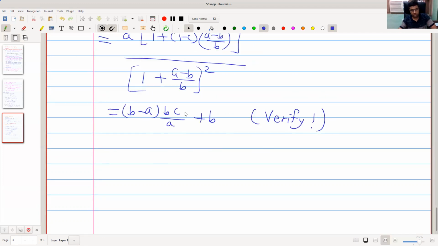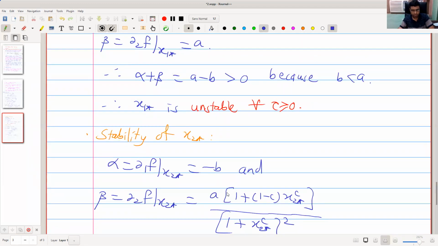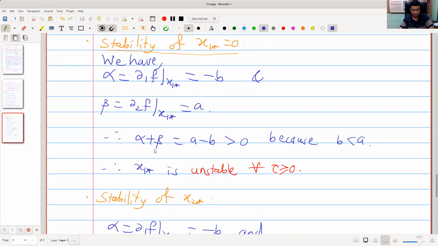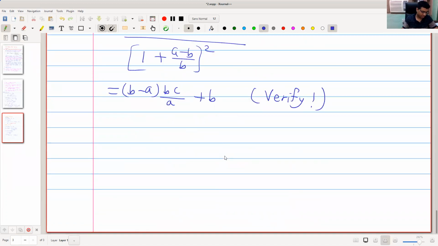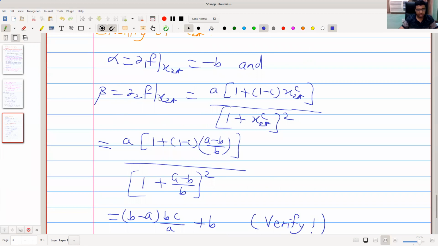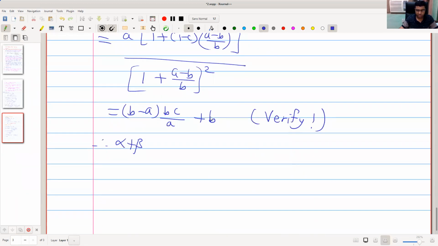Now we know that our stability depends on the sign of alpha plus beta. So we find alpha plus beta. Alpha is simply minus b, so this will cancel, and alpha plus beta equal to this first term, (b minus a) into bc divided by a.